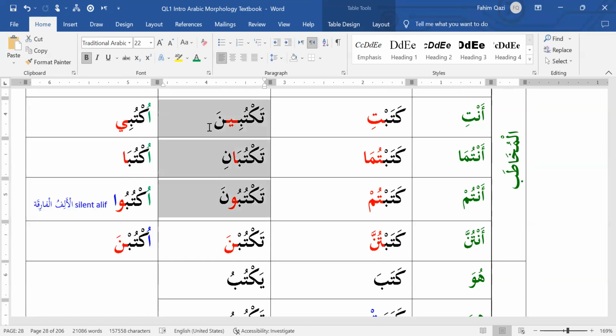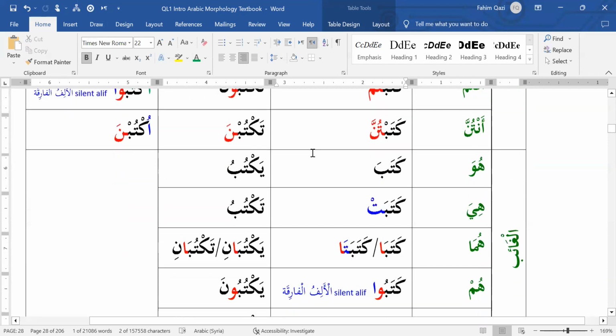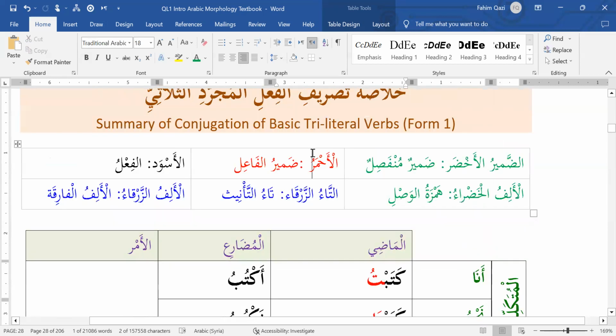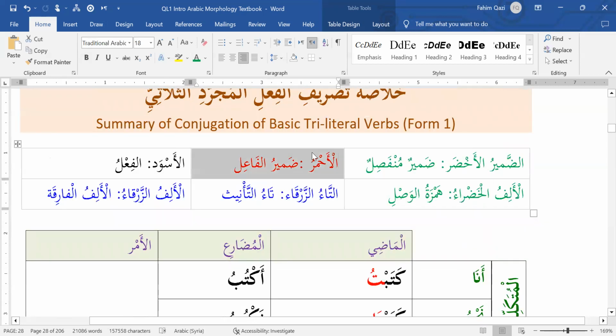Any noon that is not red in mudari, you delete it. If it's red, you don't delete it, which is going to be these three. You delete the first letter and the noon after red. And then you begin with Hamzatul Wasl, which is green alif, and I'll talk about that in just a second. So that's a quick review of all the Al-Ahmar, Damir al-Fa'il.